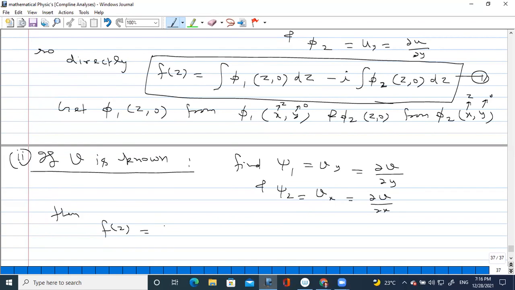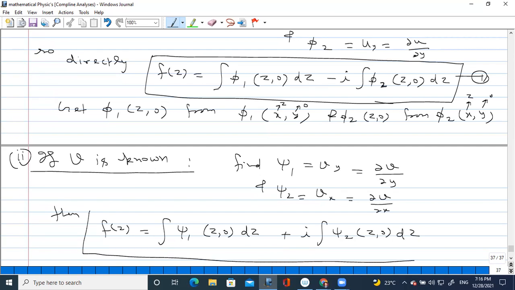Then directly f(z) will be integral of psi1(z,0) dz. Here in place of minus, plus sign is there, so you have to remember that. If v is given, plus i integral of psi2(z,0) dz. So this will be the final answer.